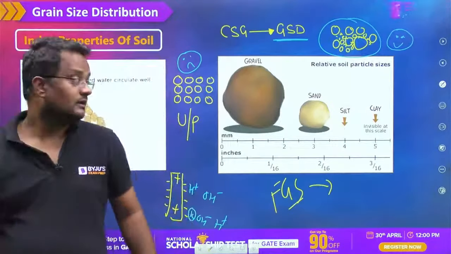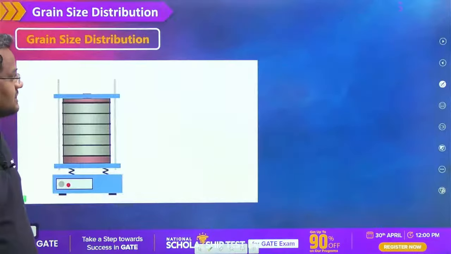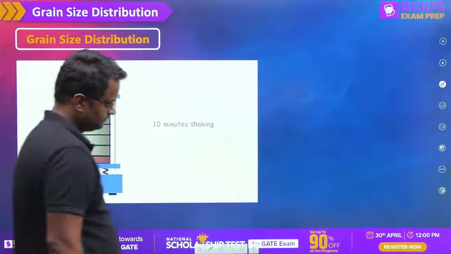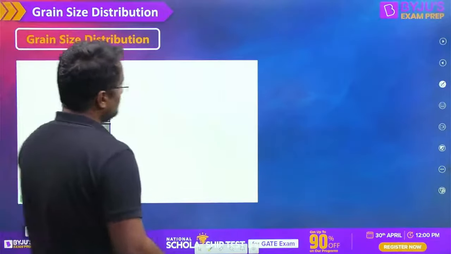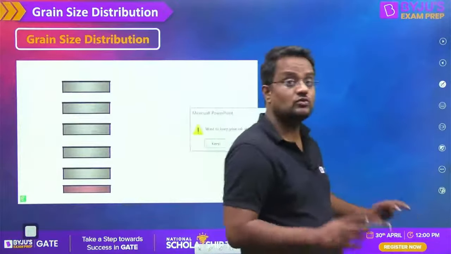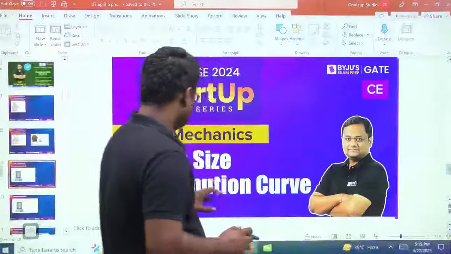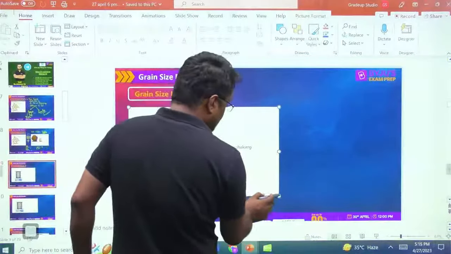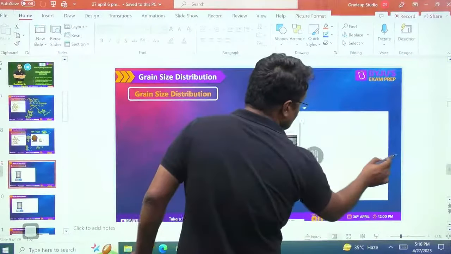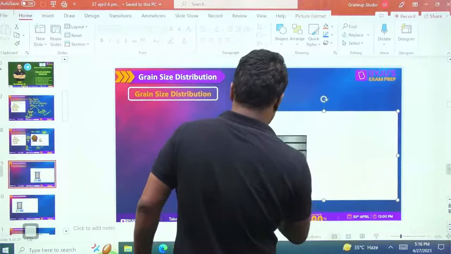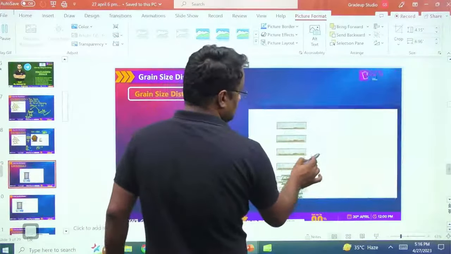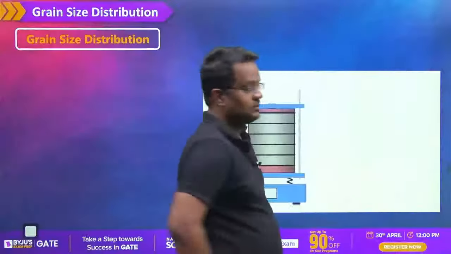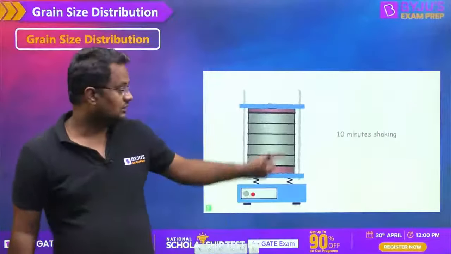Okay. Now for grain size distribution, what we do, please see here, we take 1000 gram of soil and put it here.